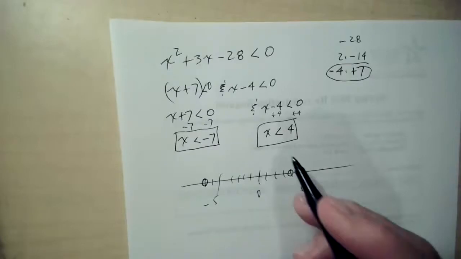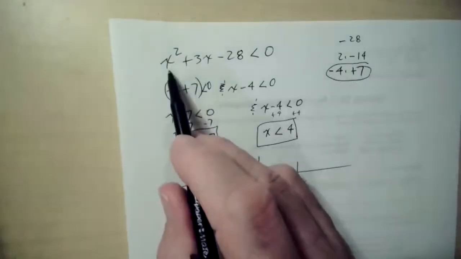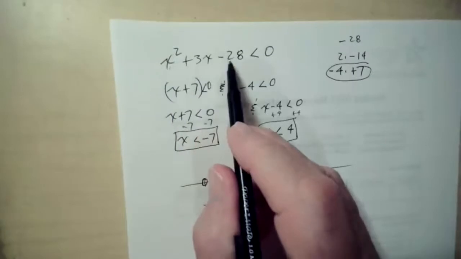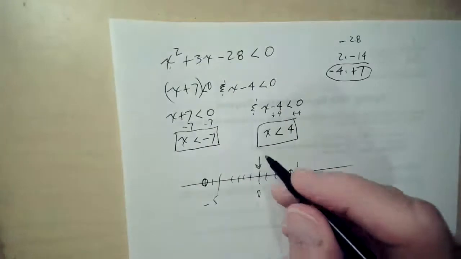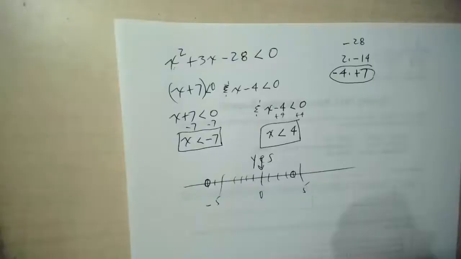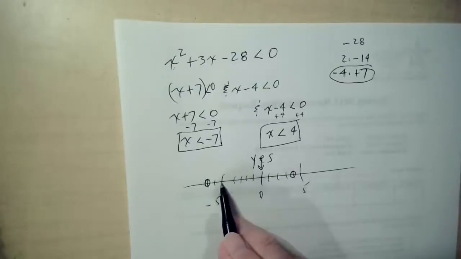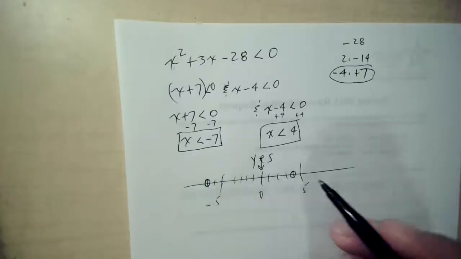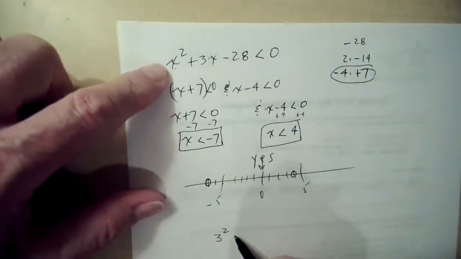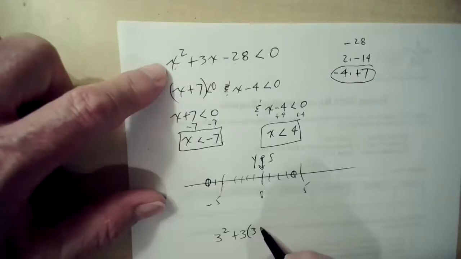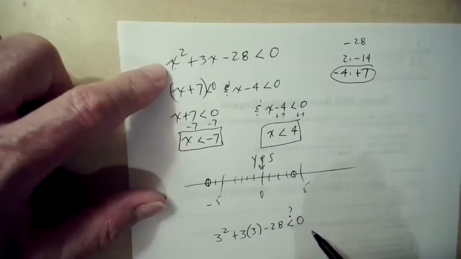So let's take numbers that are in between. Let's take 0 because it's easy. Plug 0 in here. 0 plus 0 minus 28. So is -28 less than 0? Yes. So this area in here, well, let's take a positive number. Let's take 3. 3 squared plus 3 times 3 minus 28.